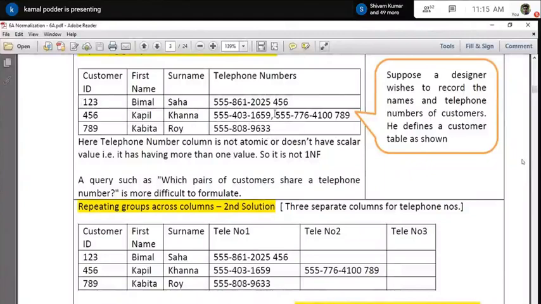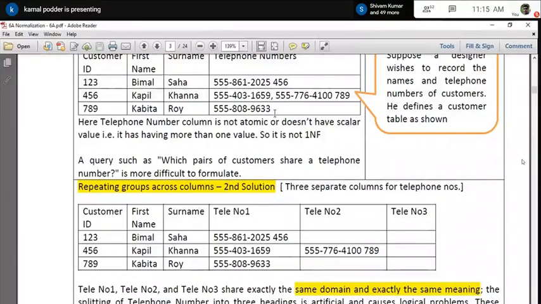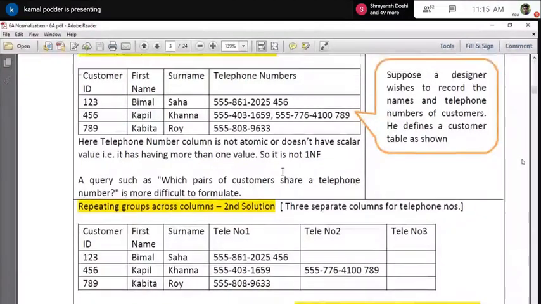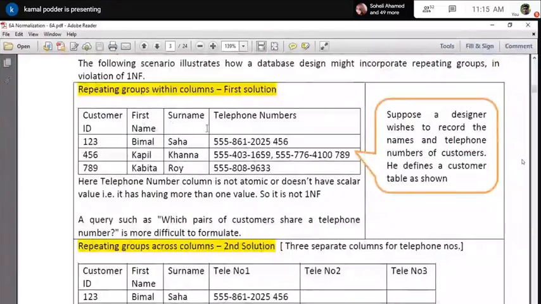Now let's see what the problem is here. A query such as which pairs of customers share a telephone number is very difficult to answer. Suppose there is one telephone number which is shared by two customers.